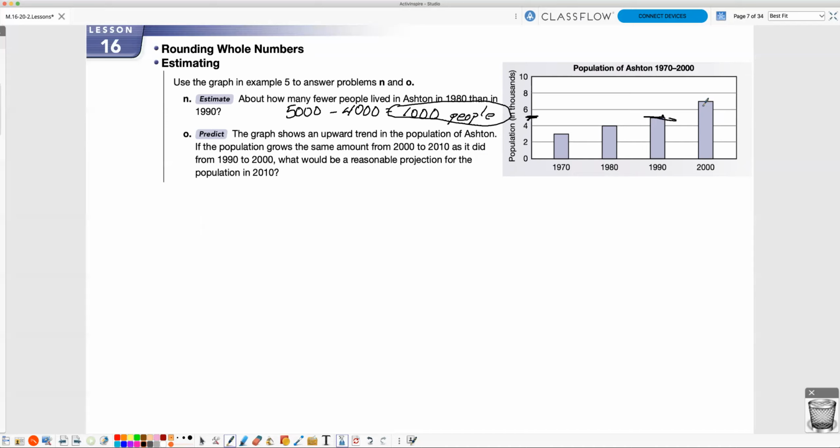So in those 10 years, it went up 2,000. So that was 2,000 people in those 10 years between 1990 and 2000. So if it went up another 2,000 in the next 10 years, our reasonable projection for the population in 2010 would be, going from 7,000, 2 more thousand would be 9,000 people.